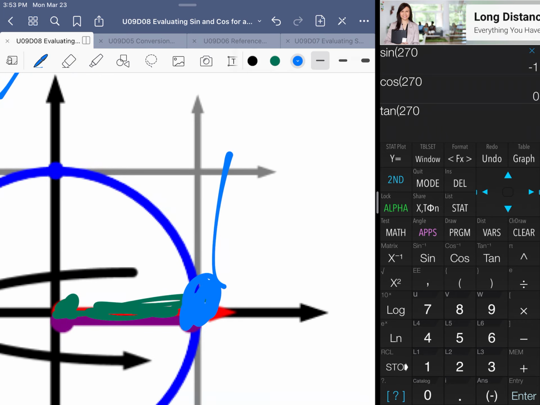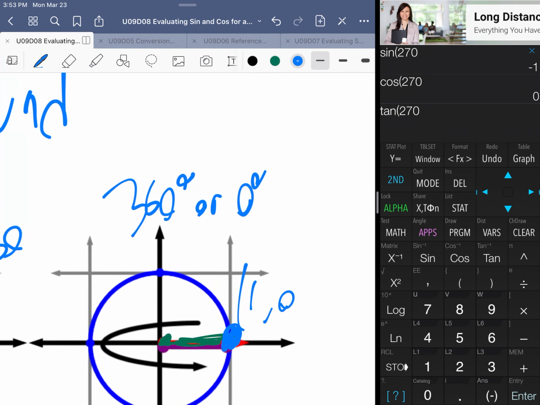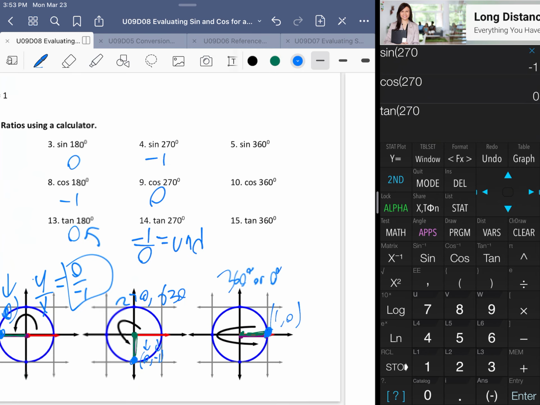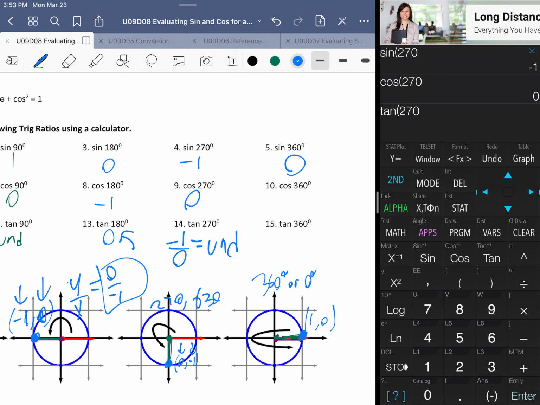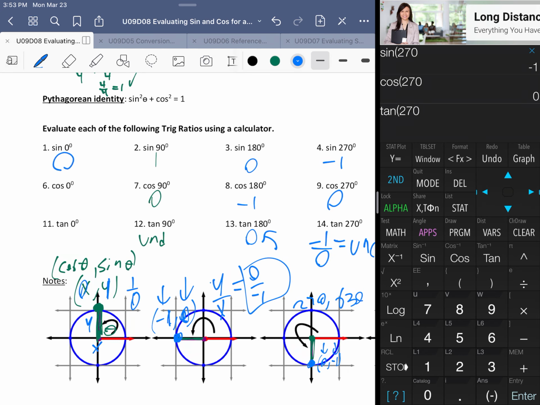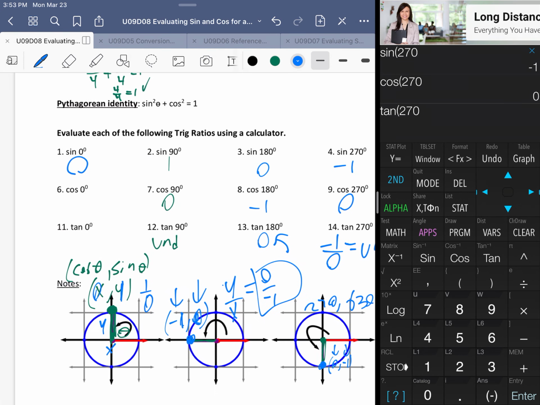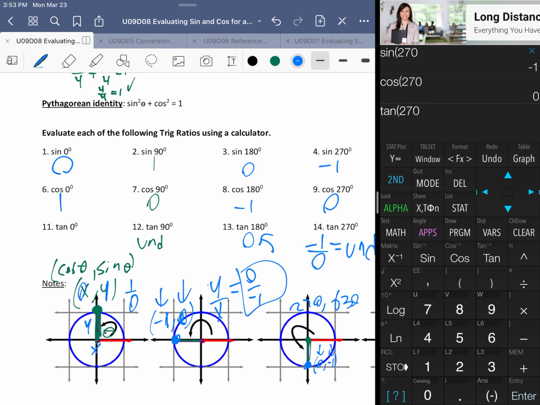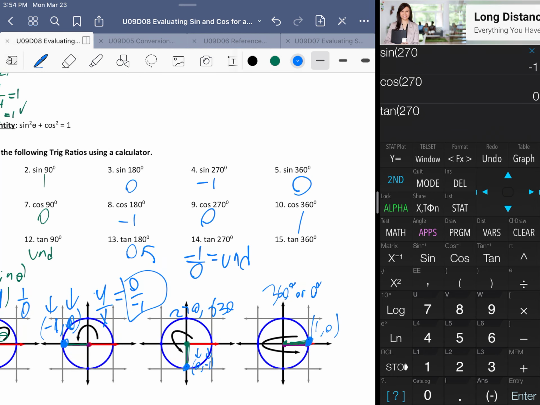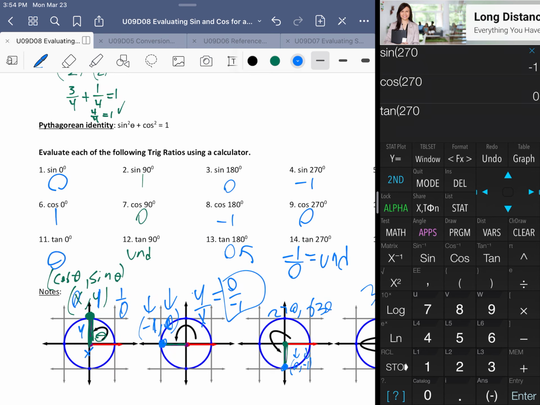So this coordinate is 1, 0, so again, y is sine, so sine of 360 is 0, and cosine should be 1, because 0 and 360 are the same. And the tangent is going to be 0 over 1, or 0. So this should be 0 as well.